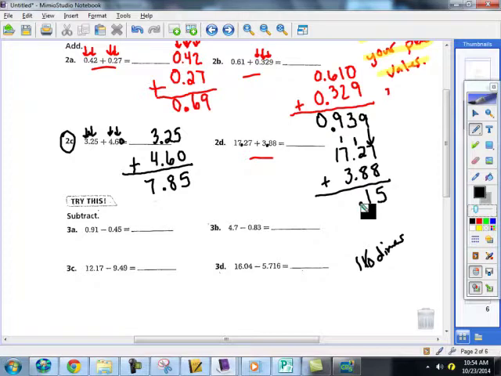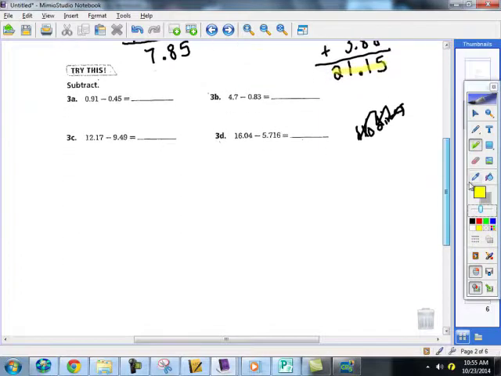Okay, bring my decimal down. One $1 bill plus 7 would be 8, plus 3 would be 11. Now I have 11 $1 bills. I bring 1 down. I turn 10 $1 bills into one $10 bill. Now I have 2 $10 bills. Okay, 21.15. Let's go down and do subtraction now.